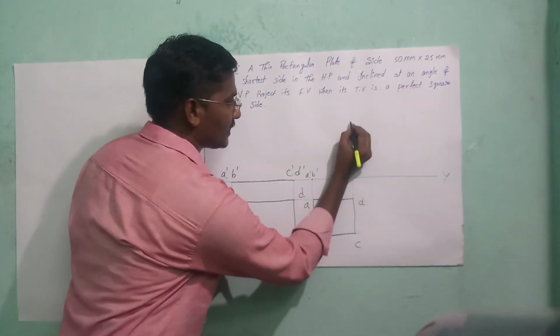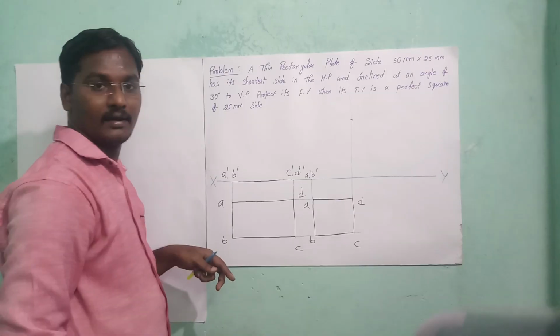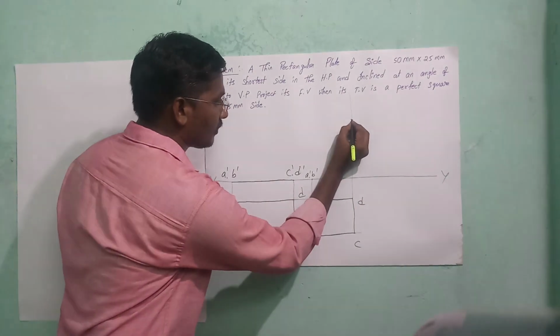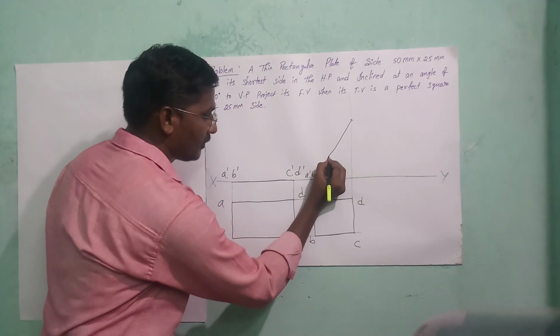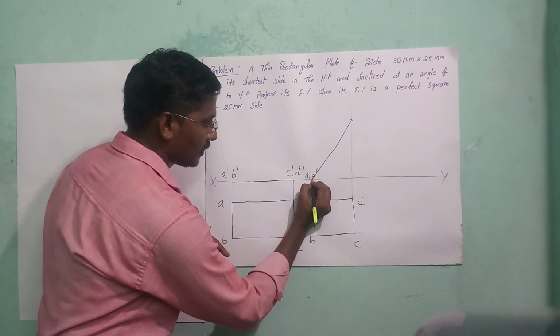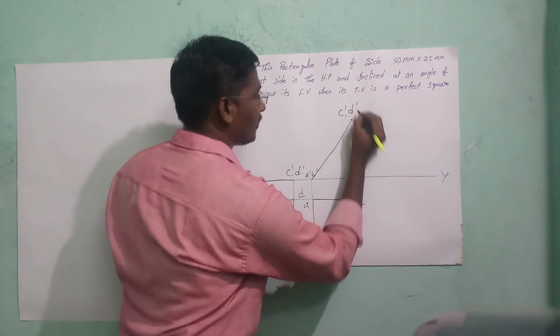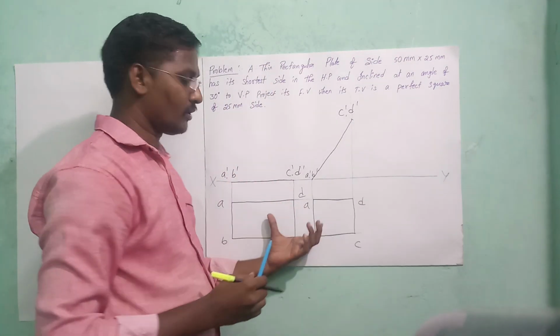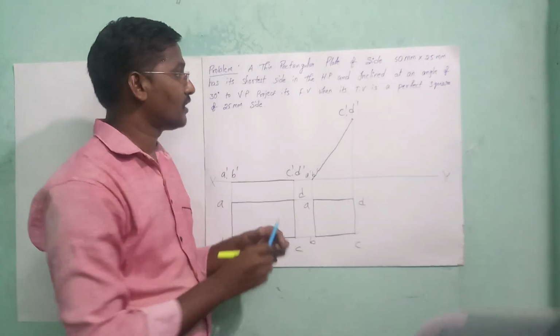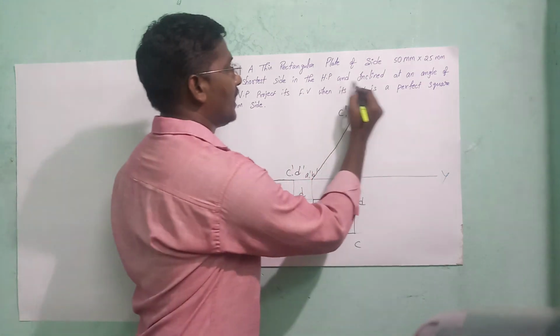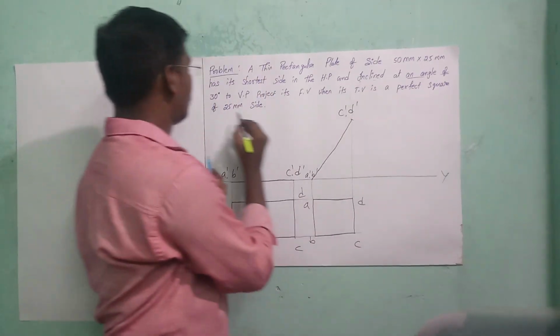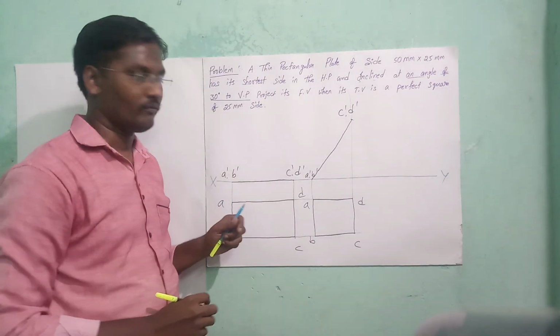Take A dash as center, cut the line. Now join this point and A dash, B dash. Now this point is going to be C dash, D dash. Now here two positions were over. After that, what he has given: and inclined at an angle of 30 degrees to VP.